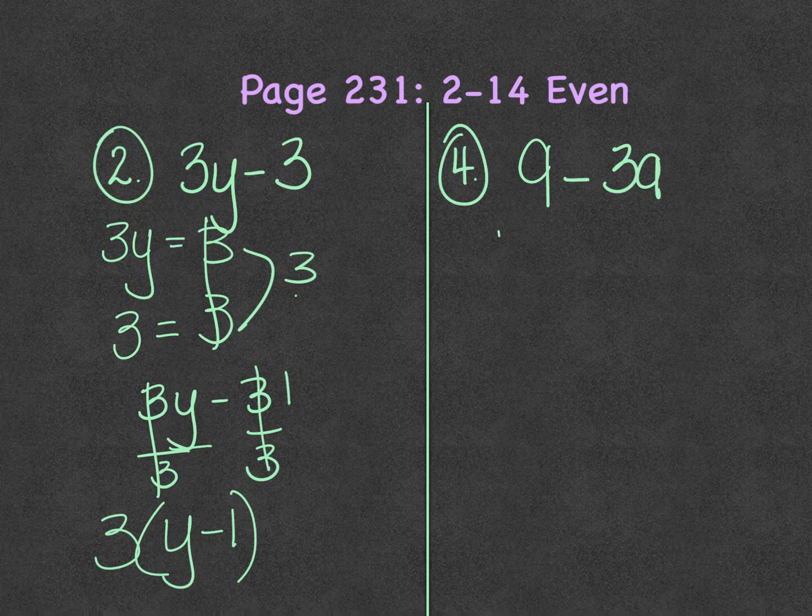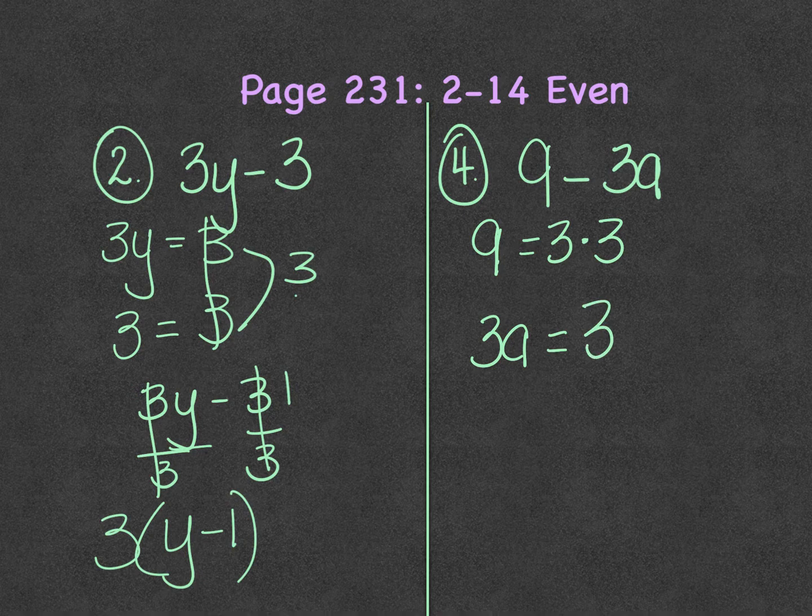Now, let's go ahead and do number 4. Our factors of 9 are 3 times 3. Our factors of 3a are 3 times a. We only have a 3 in common. So our greatest common factor here is 3.